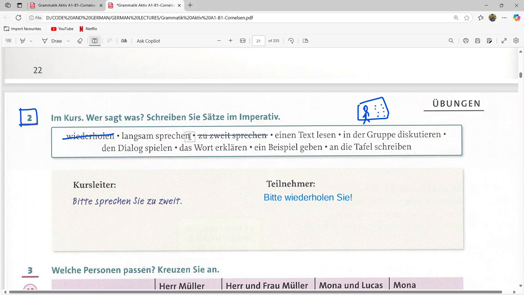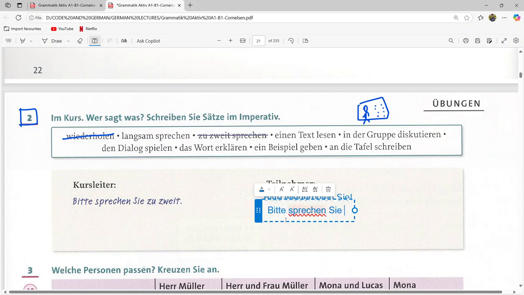Langsam sprechen. So who can say this one? Like the teacher is speaking fast, like I am giving you a class now. So if I say the things fast, then in the comment you will write, bitte langsam sprechen. Okay, bitte sprechen Sie langsam.